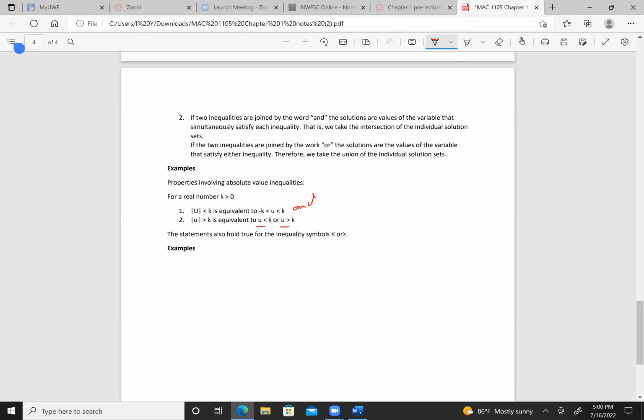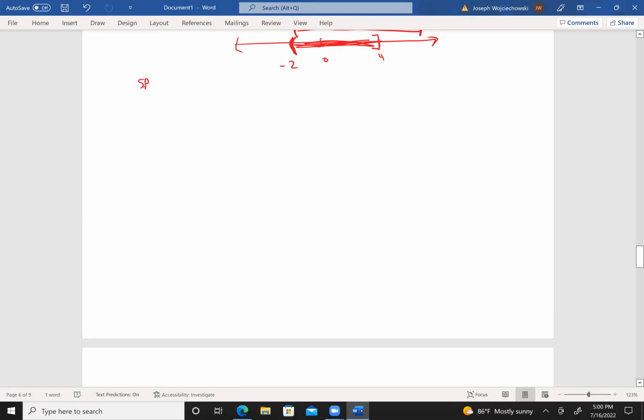Number 6 here. Solve the inequality and write the solution set in interval notation. First, I have 3 times the absolute value of 5 minus x, plus 2, is less than or equal to 14. First thing I want to do is isolate my absolute value. So subtract 2: 3 times the absolute value of 5 minus x less than or equal to 12.